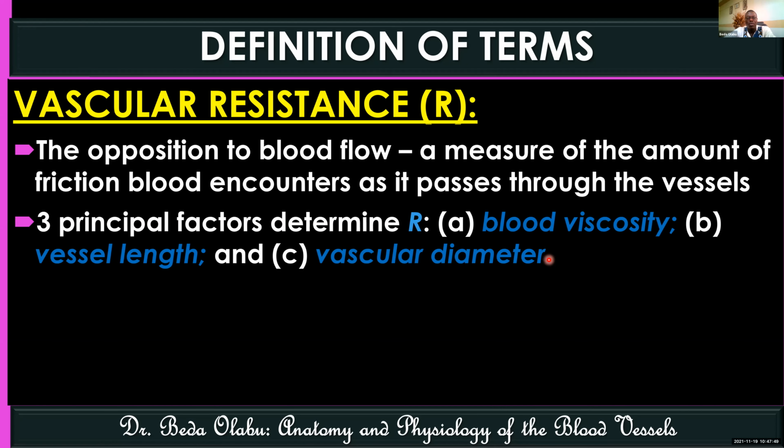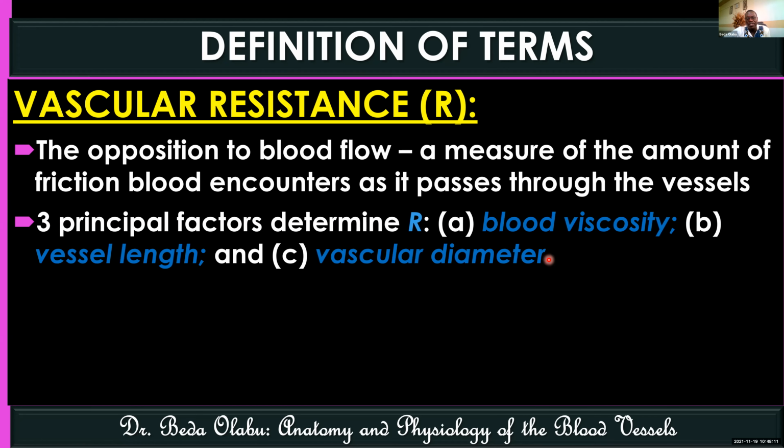So if you imagine that in the arteries, if the vessel had a wider lumen, it means more and more blood will not be hitting the wall, and so the flow is increased.